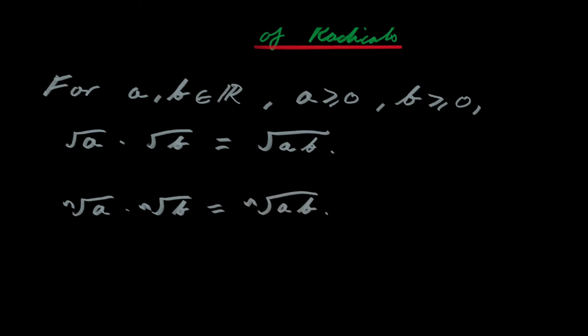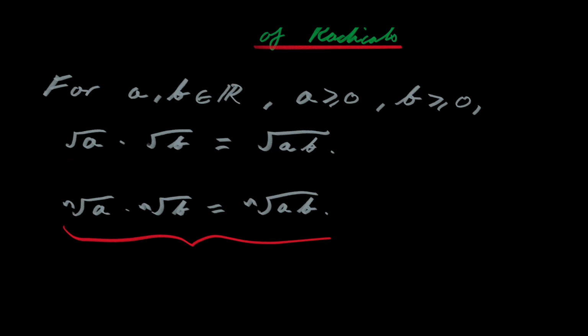But to keep this proof easier to look at, I'm just going to prove it for square roots. If you're concerned that I'm not proving it for general roots, so for the nth root, all you would have to do is go through my proof, and everywhere where there is a square root, take an nth root instead, and everywhere where there is a square, raise it to the power of n instead.